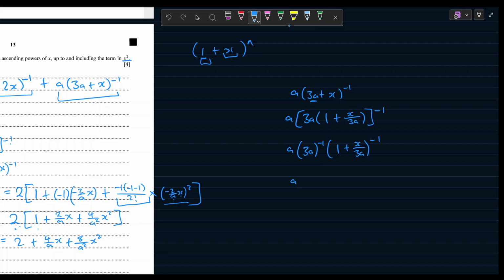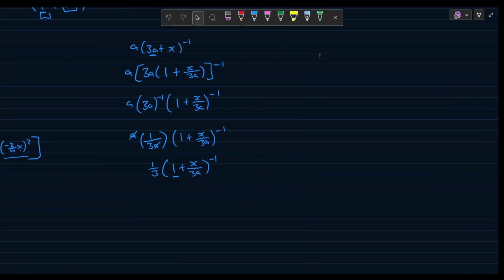And this (3a)^(-1) is the same as 1 over 3a, and this is multiplying (1 plus x over 3a)^(-1). And these a's cancel out, and we essentially have a third multiplying outside (1 plus x over 3a)^(-1). Now that we can clearly see our 1, we can go ahead and expand.